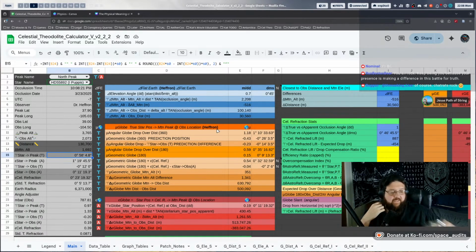Okay, so is 58 arc minutes and 4.8 arc seconds the true geometric elevation angle from that observer to that mountain peak, or is that disturbed by astronomic refraction? It's disturbed by 13 arc minutes of astronomical refraction.